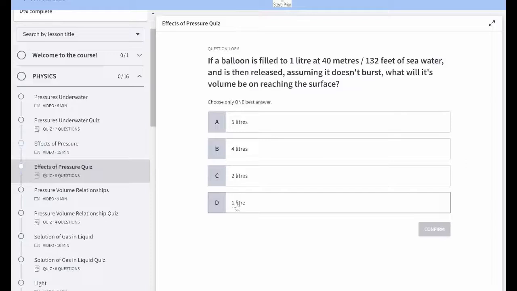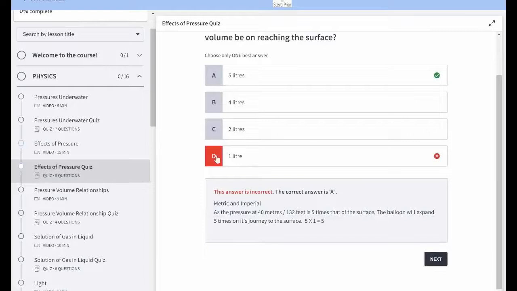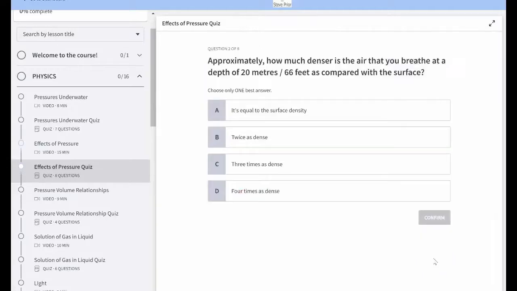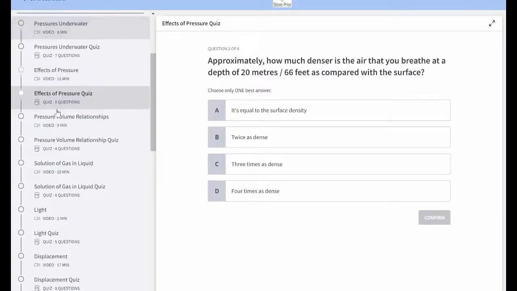And just like on PADI exams, but not like on PADI exams, if we just pick one answer that's the wrong one and click on confirm, we find out it's the wrong answer, but not only will it tell you what the right answer is, it will tell you why. So it will give you tips and advice where you've gone wrong to help you succeed. So all of the theory lessons are very similar to this.